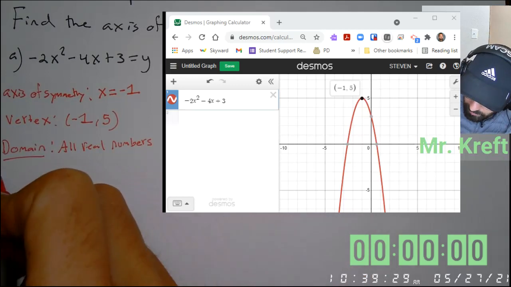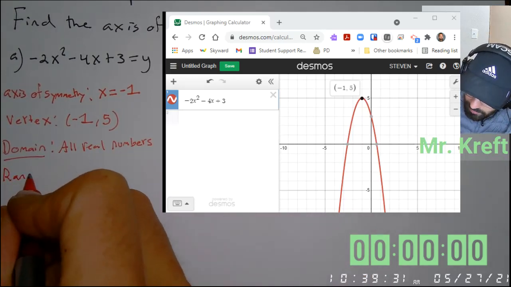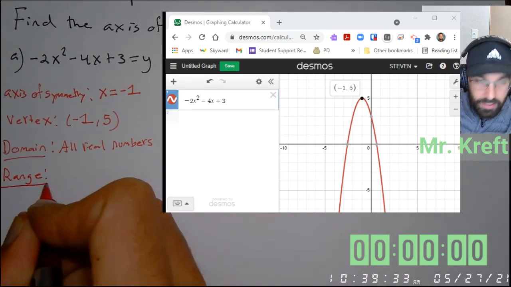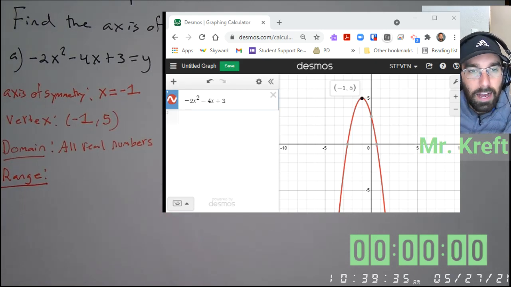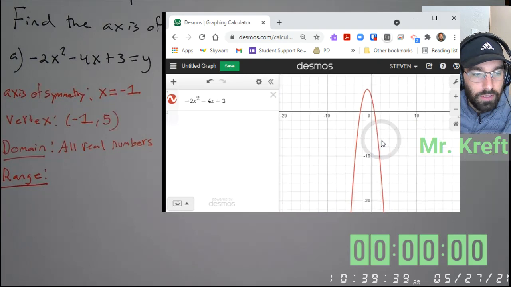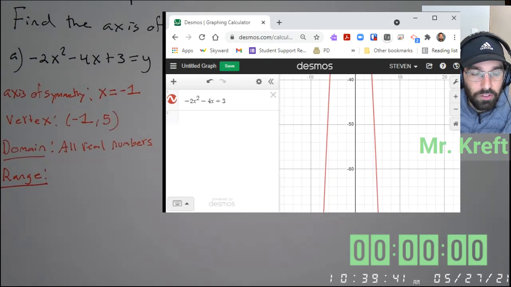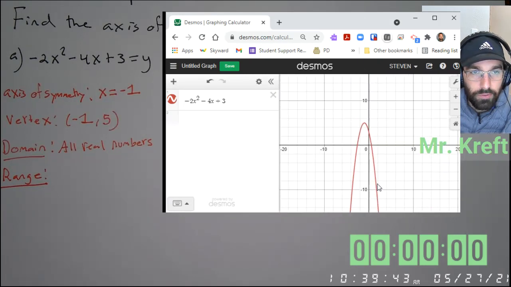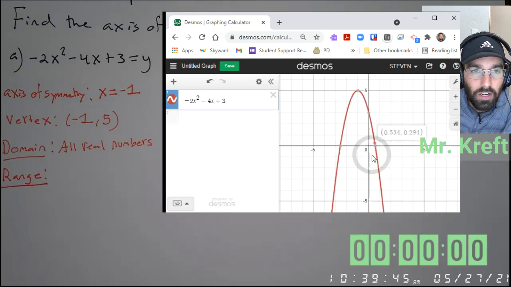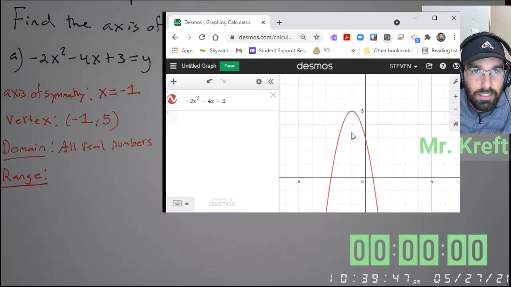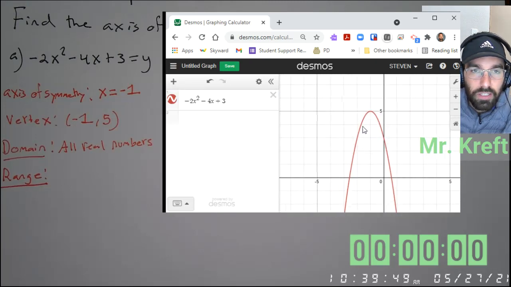You guys are wonderful. Okay, so then the range. The range is the one that we need to focus on. That's the output. When I look at this graph, the thing that I notice is it goes down forever. Do you guys see how it goes down, down, down? All those negative numbers work, but it goes to a peak here, and that peak is our vertex.